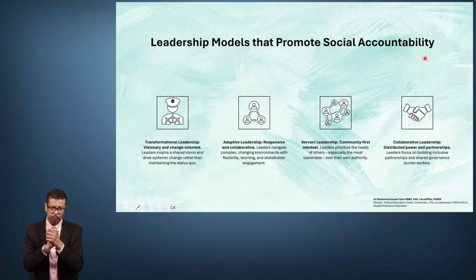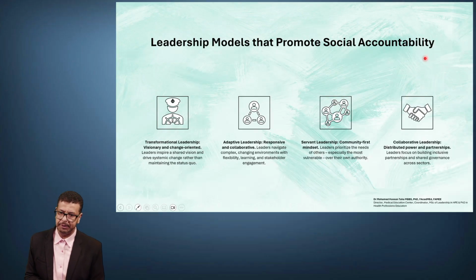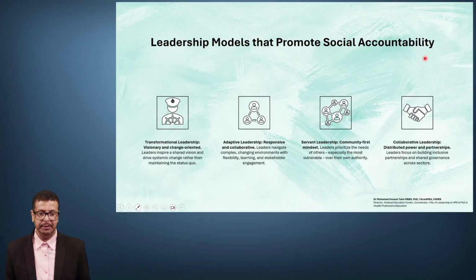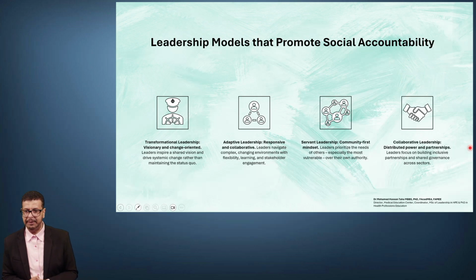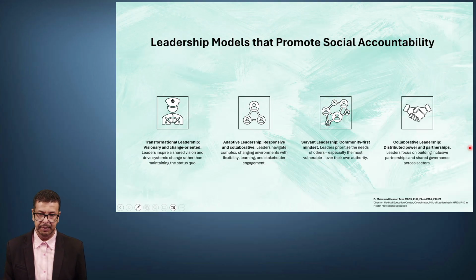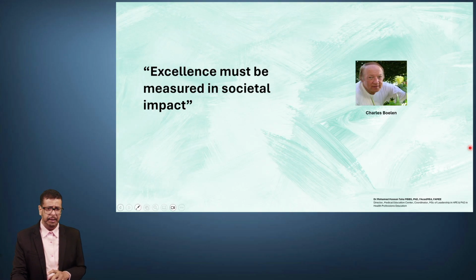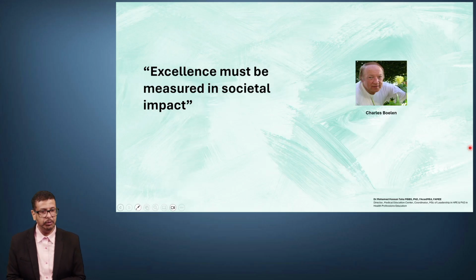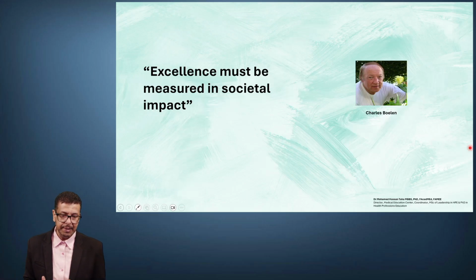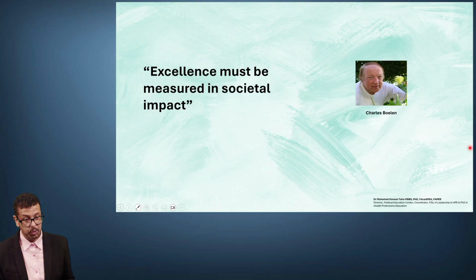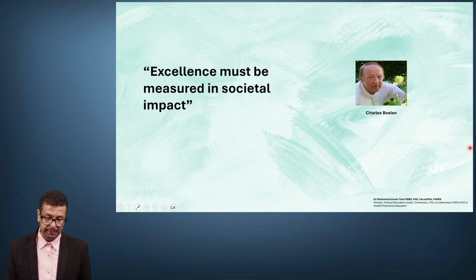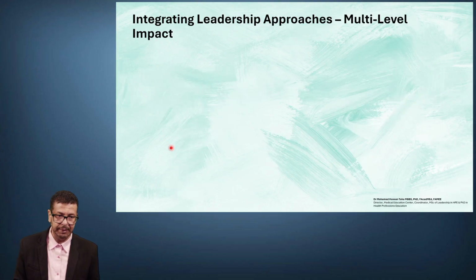We also need a collaborative approach and collaborative leadership, in which power is distributed through partnership. Those leaders need to focus on building inclusive partnerships and shared governance across the different sectors. Let us remind ourselves that we need to redefine excellence, because excellence should be measured by societal impact rather than the existing standards of measuring excellence.